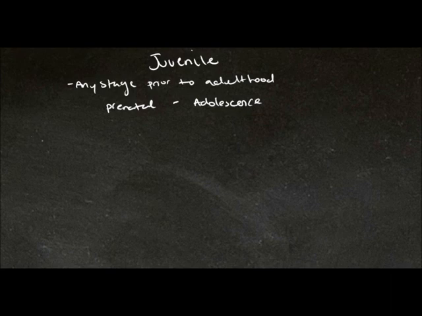So the features of a juvenile skull are open sutures, which are probably the most definitive feature of a juvenile skull. And these open sutures are called fontanelles. The neurocranium is relatively large when compared with the splanchnocranium.